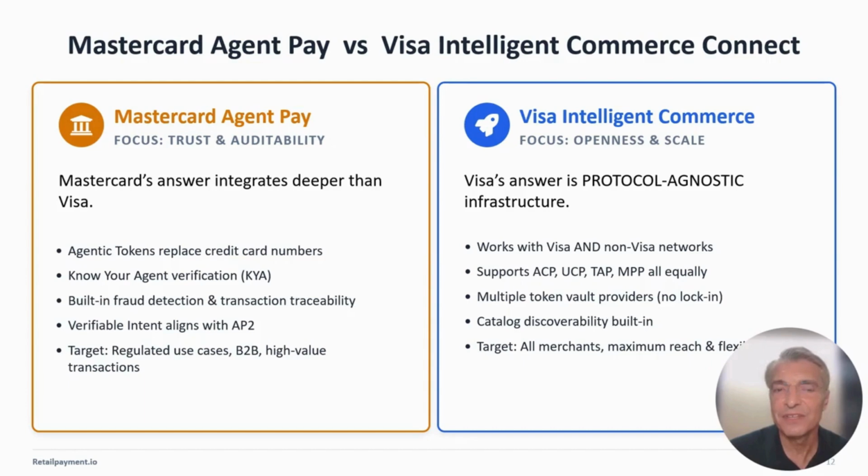They have a tight integration. They look at trust and control of the transaction. And Visa, on the other side, is going for maximum reach: openness, neutrality, infrastructure for maximum market coverage. As I understand the specification of Visa, they would like to get out of the payment layer and grab more business around it. So this is in a nutshell the main difference between both.